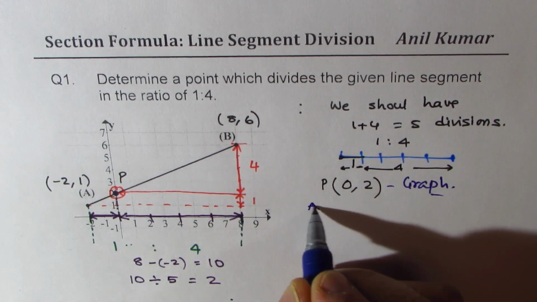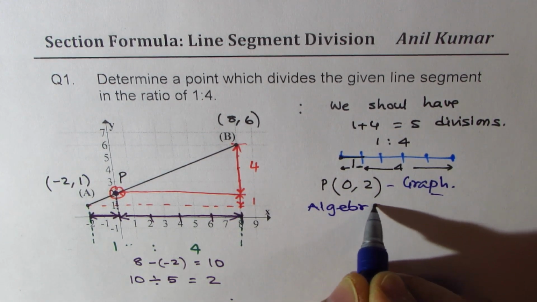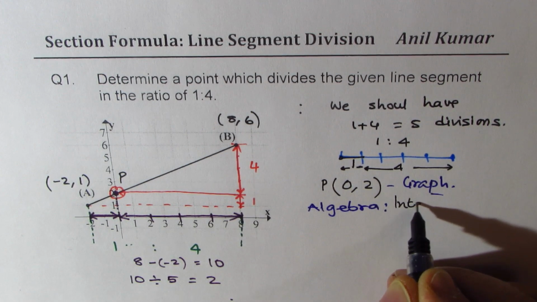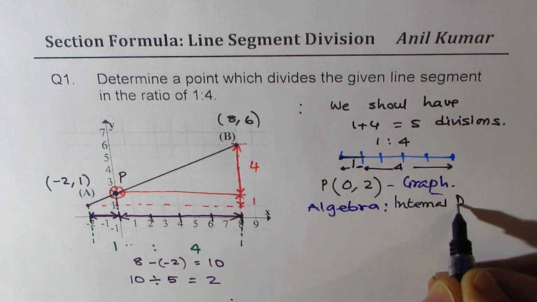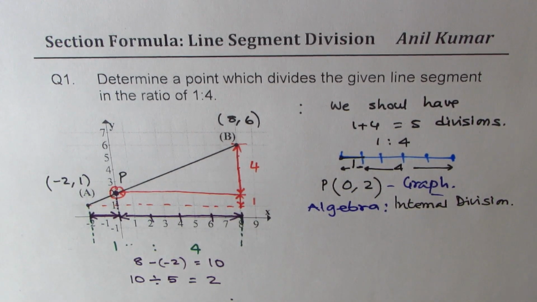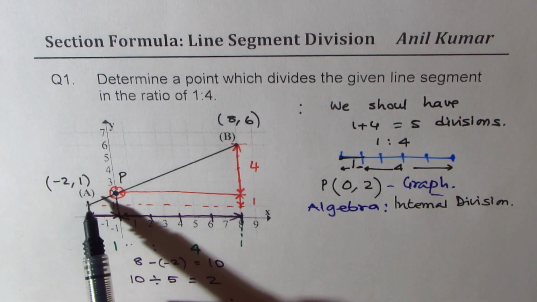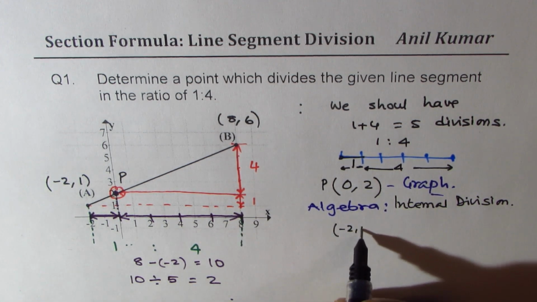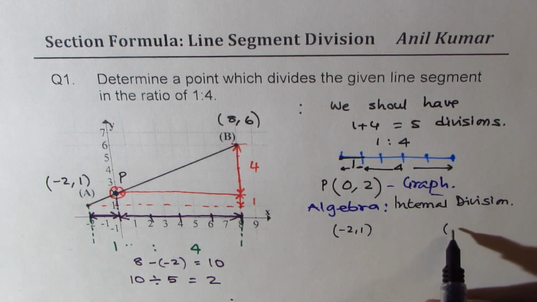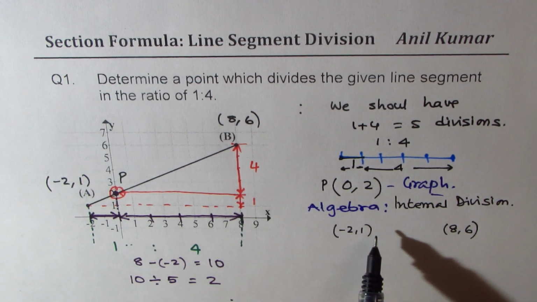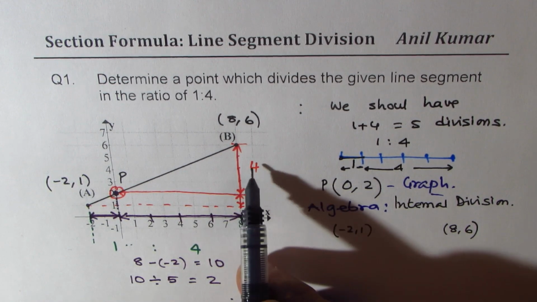Now let's also use algebra to get the same thing. And what we're talking about is internal division. Now what we have done here is we have two coordinate points A and B. So let me write down the coordinate point A is minus 2, 1 and the coordinate point B is 8, 6. We are dividing them in the ratio of 1 is to 4.